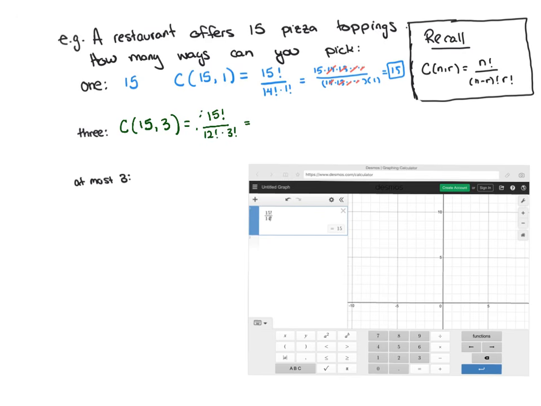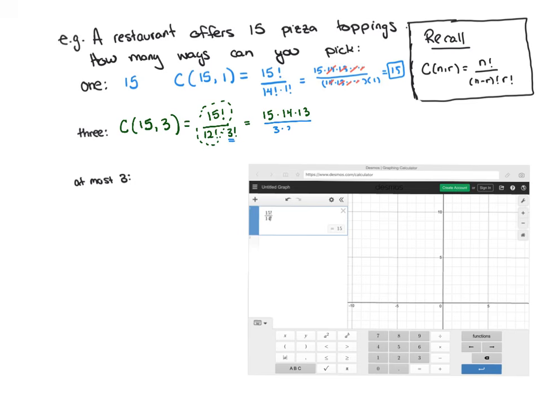So I'm going to cancel the two biggest numbers. So that 15 factorial is going to be a 15, a 14, a 13. But then the 12 and below is going to cancel with that 12 factorial. But I still have a 3 factorial on the bottom there.